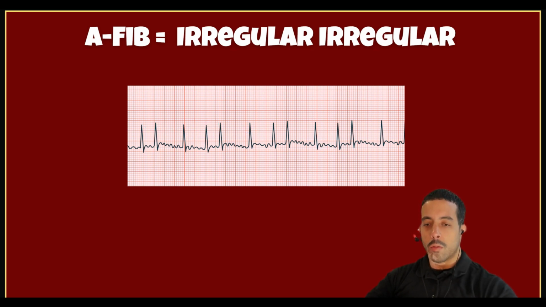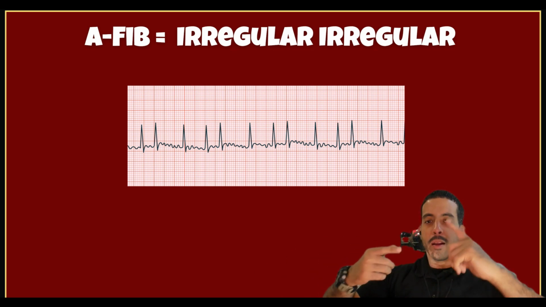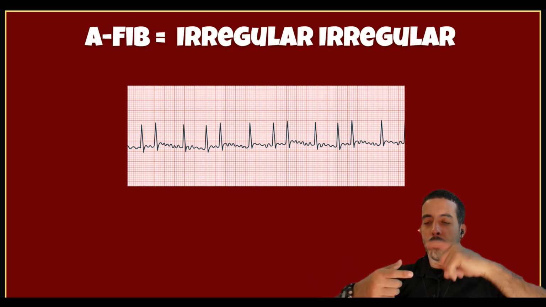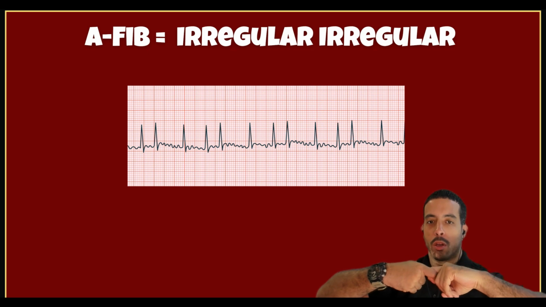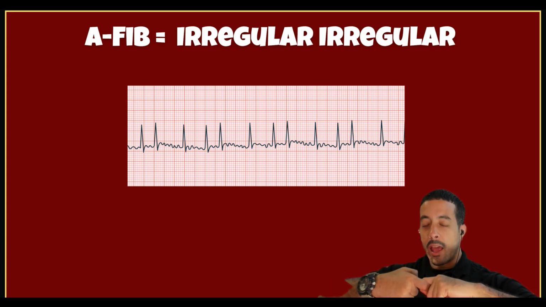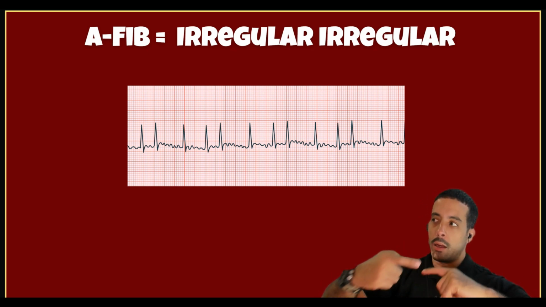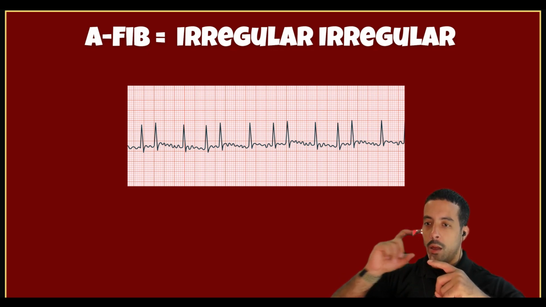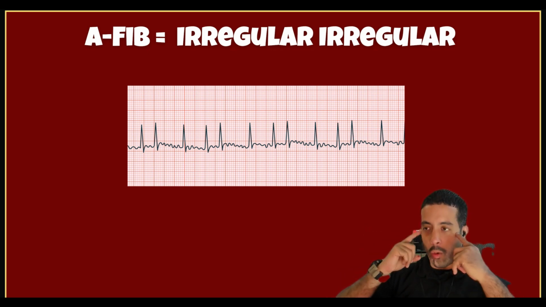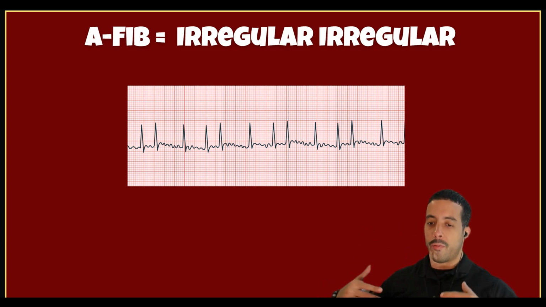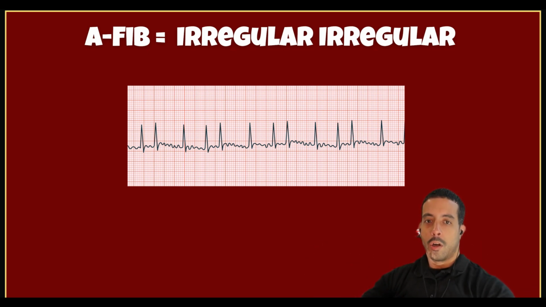The easiest way to remember things, and this will help you prepare for the NREMT, or if you decide to go to nursing school, PA school, or medical school like I did, is you need to make links between one piece of information that you learn and the next one, knowing that it's not the same information, but kind of making a link between that information and this information. So the way I look at third degree heart block and AFib is that they're both irregular, and it kind of makes it easier for me to remember. And I hope that helped you.